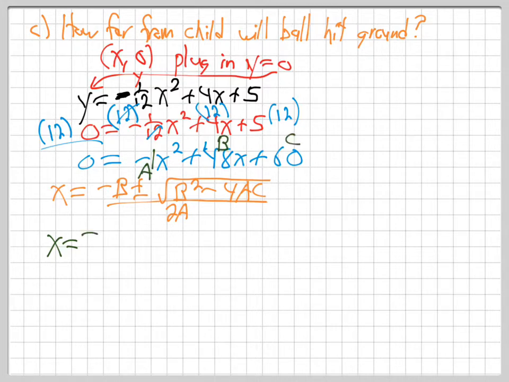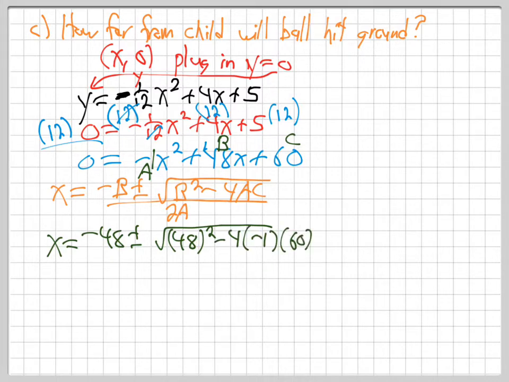So negative b, negative 48 plus or minus the square root of b squared, 48 squared minus 4 times a times c all over 2a. And a is negative 1. Be careful there.